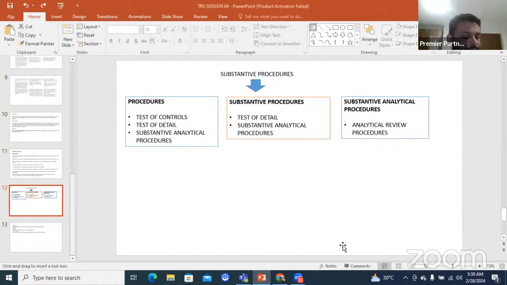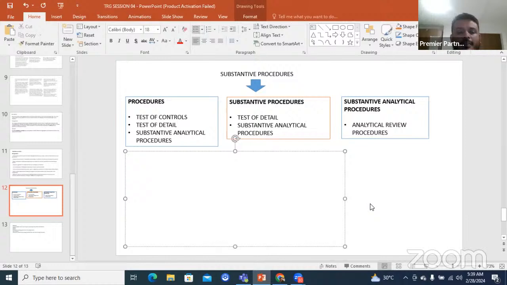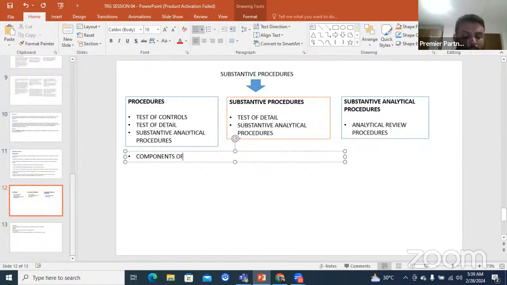Right. See here, if I take substantive procedures, the first thing: components of financial statements. Example, sales, purchase.